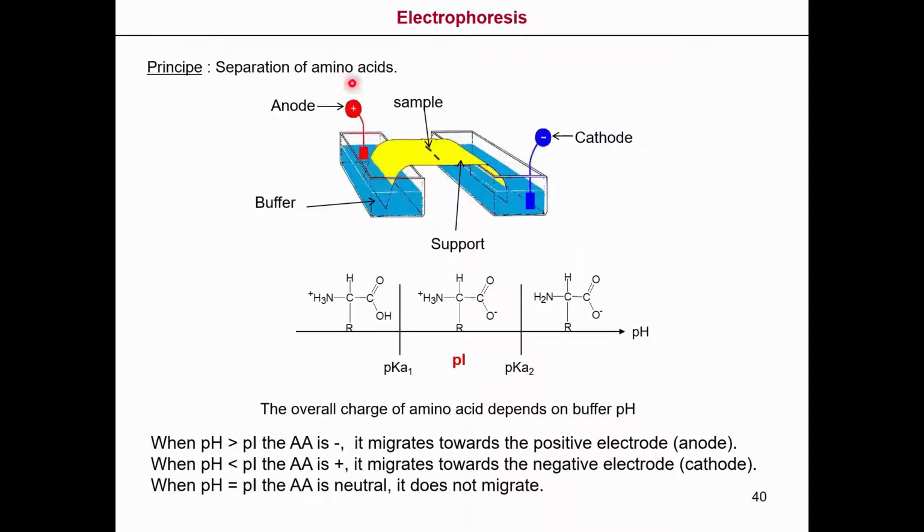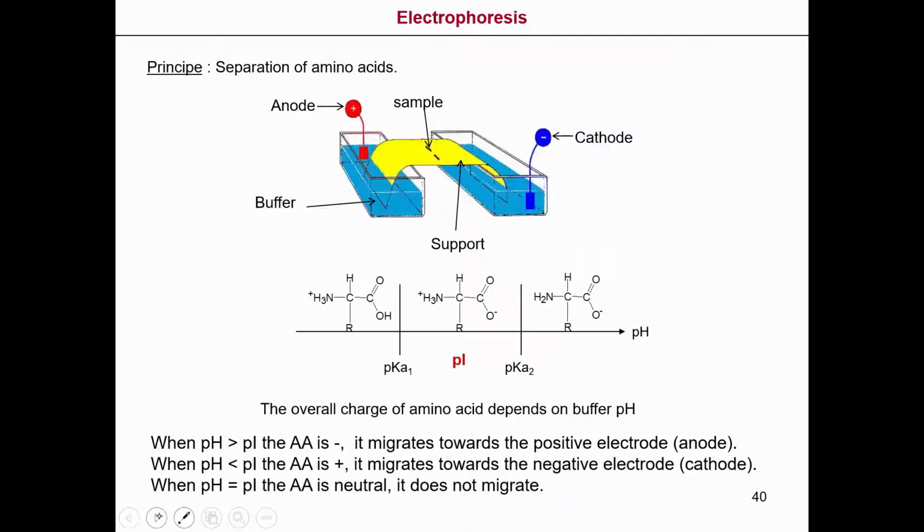Okay, so for electrophoresis, what is the principle? You have a support, which is paper, cellulose, or silica. You deposit your sample, the mixture of amino acids, and the amino acids will migrate under an electric field according to their charge.